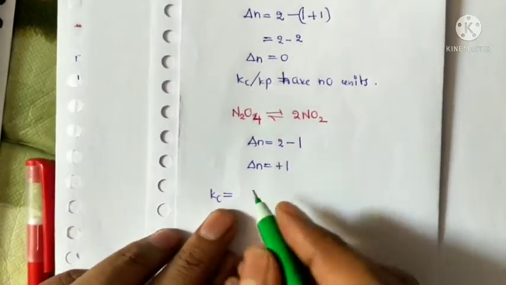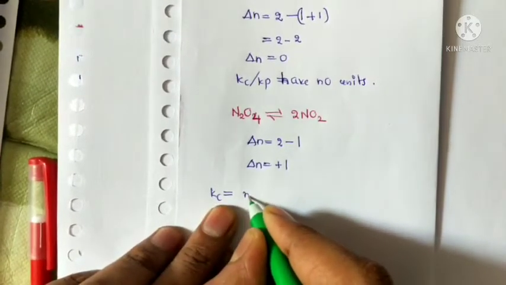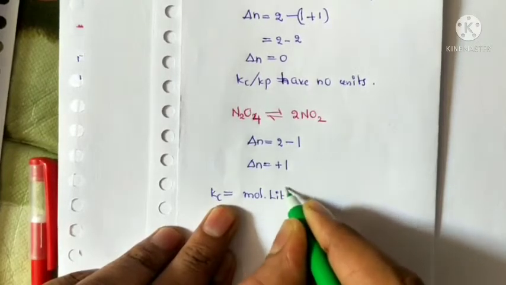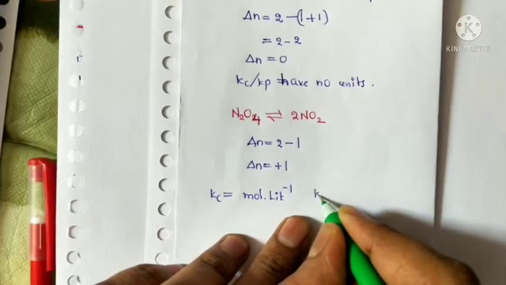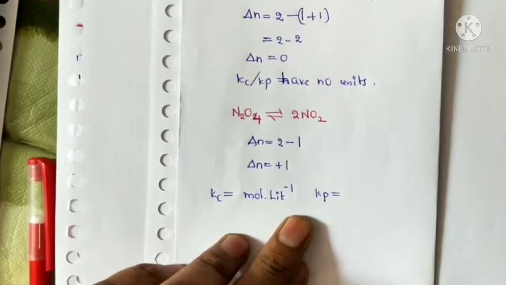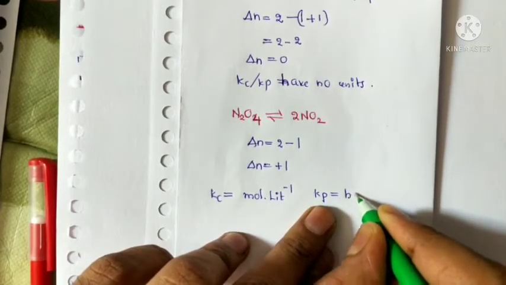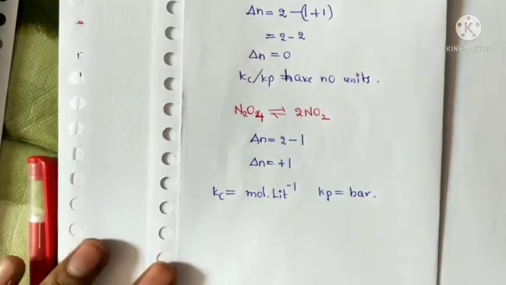Kc units are mole per liter, and Kp units are bar or Pascal.